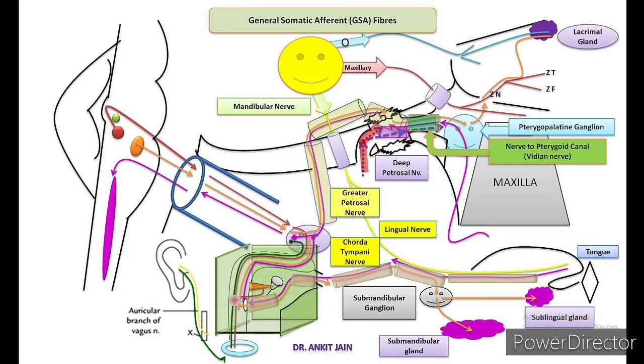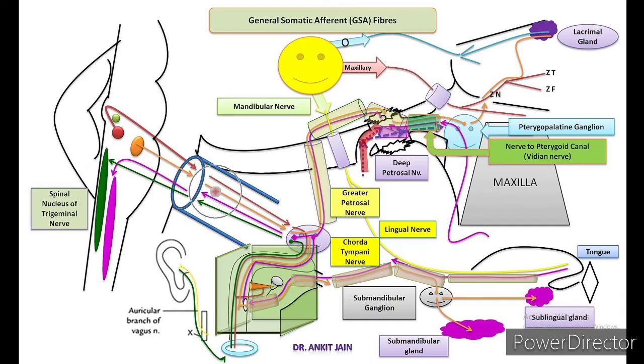Then, these fibers pass through the tympanic part of the facial canal and reach the geniculate ganglion and relay here. From the geniculate ganglion, postganglionic general somatic afferent fibers arise, which travel through the labyrinthine part of the facial canal and pass through the internal acoustic meatus. And finally, these fibers terminate in the spinal nucleus of the trigeminal nerve.